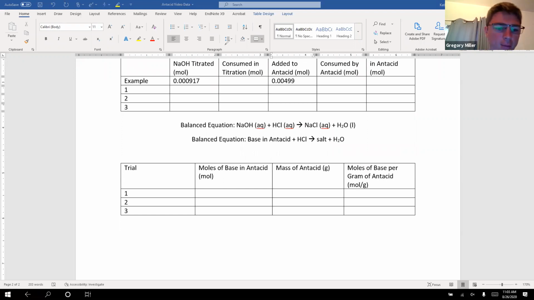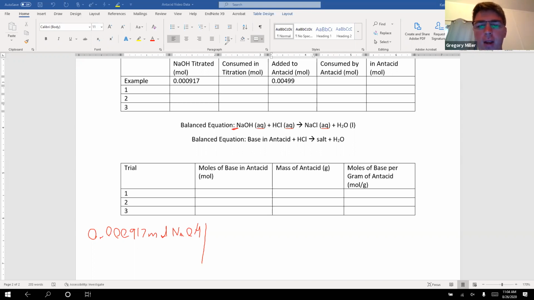So we know how much NaOH we added, or at least the moles of NaOH we added. And all of those moles of NaOH reacted with moles of HCl. So if we have the chemical equation for that reaction, we can use the molar coefficients to convert from one to the next.